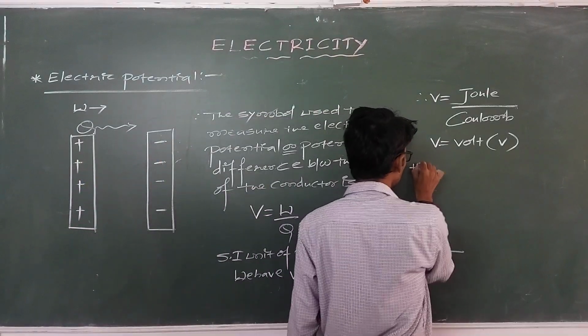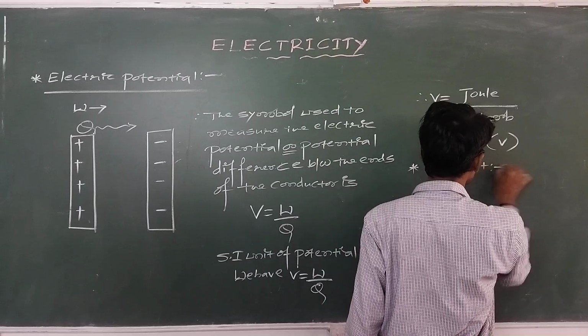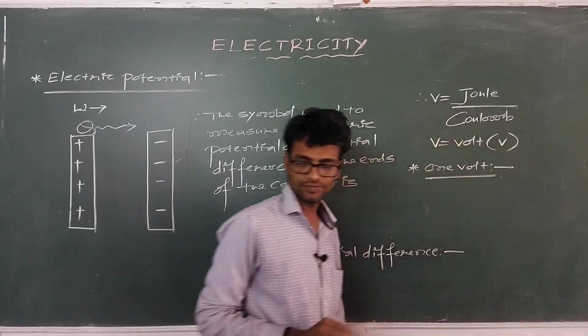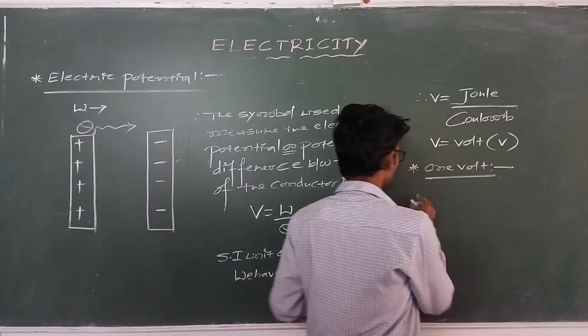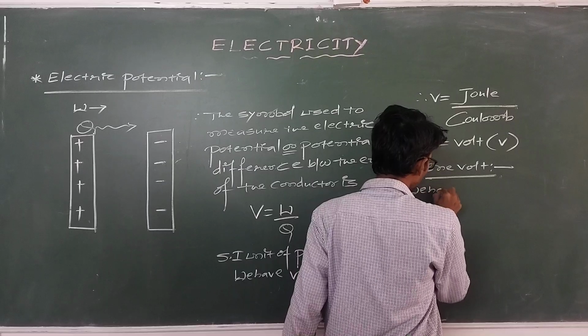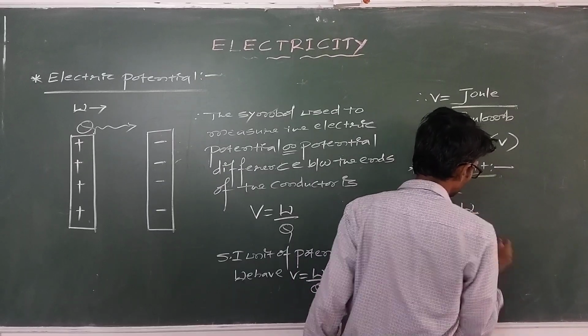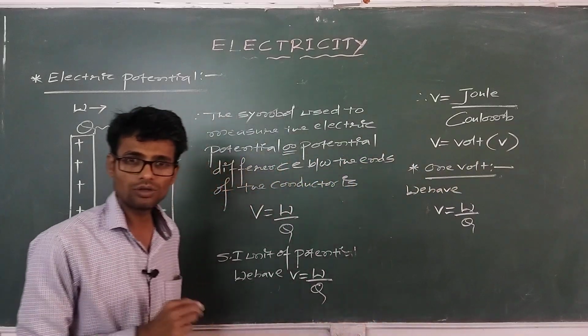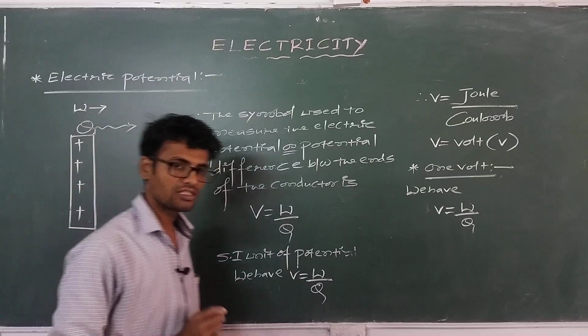Now after this, a very important definition: 1 volt. We have V equal to W by Q, the formula used to measure the potential difference.